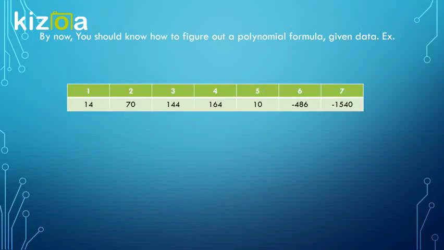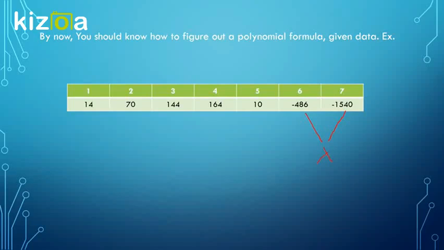For example, here we have a little table, 1, 2, 3, 4, 5, 6, 7, along with its results. In order to figure out the degree, we'll first subtract the right from the left. So for example, negative 1540 minus negative 486, then there will be some sort of result.